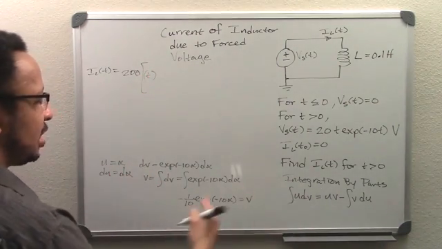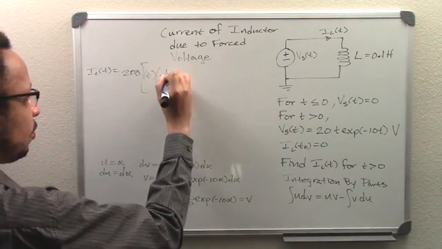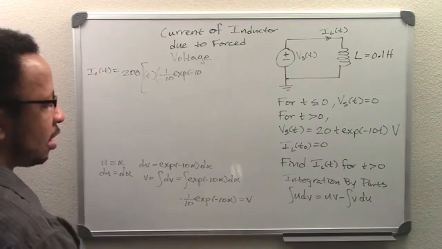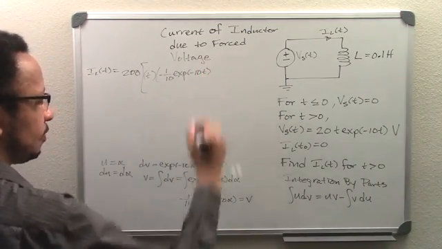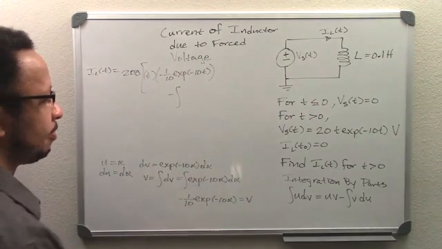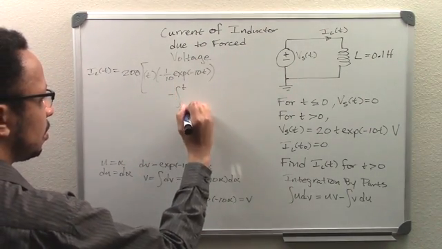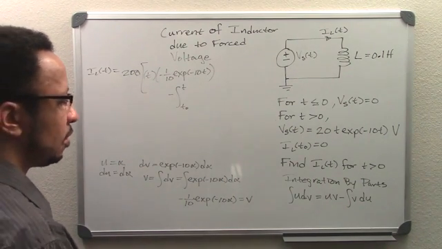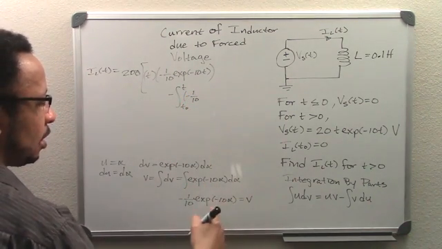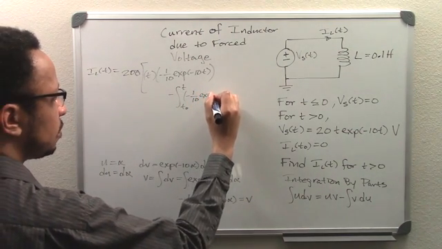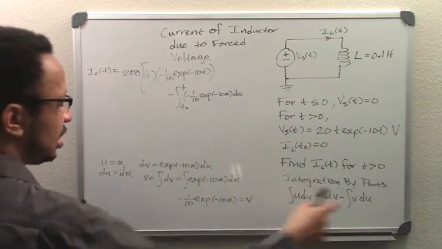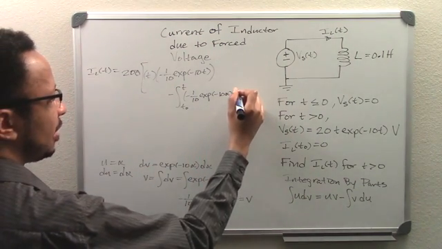And v is equal to negative 1/10 exponential negative 10t. That is uv, and it's subtracted from the integral between the limits of t and t sub 0 of v du, which is negative 1/10 exponential negative 10 alpha d alpha, because du is d alpha.